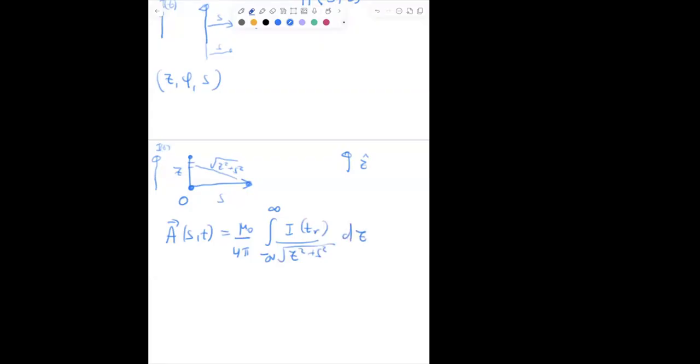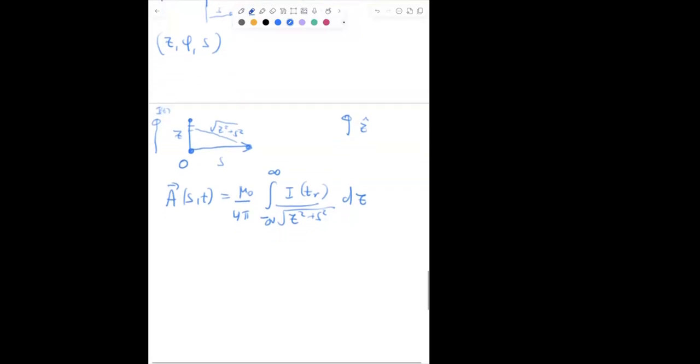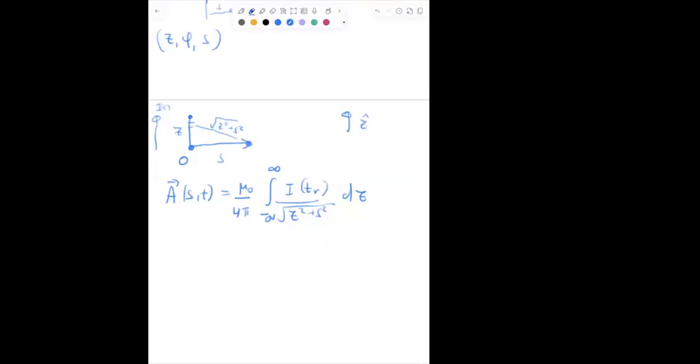And I need to integrate over Z. This is instead of integrating over tau, because it's a one-dimensional problem, I'm integrating over Z. Now, the main issue here is what are the domain of integration? This is the main point.